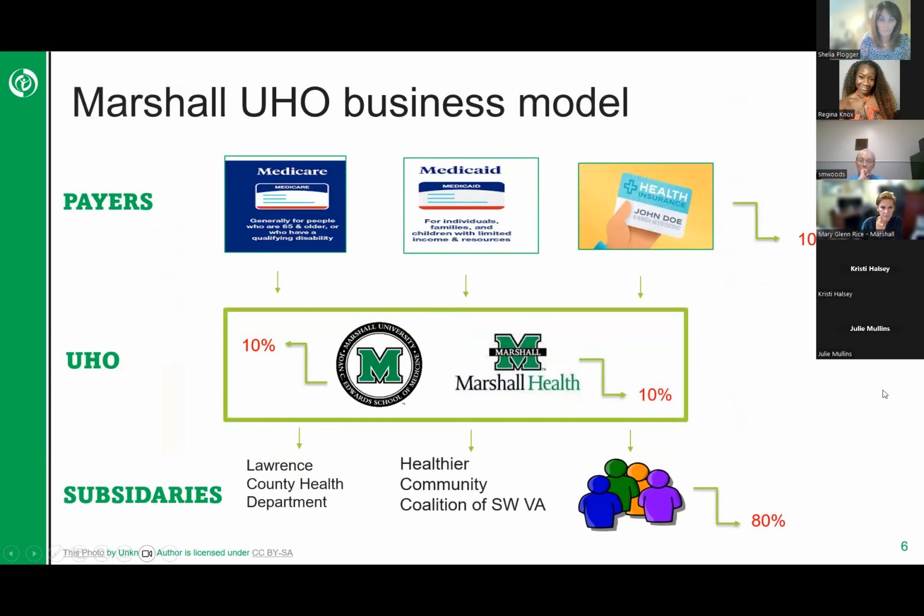So our business model is depicted in this diagram. We have the different payers who cover the National DPP as a covered benefit. We definitely know Medicare does. Some Medicaid and MCOs offer coverage for the National DPP.